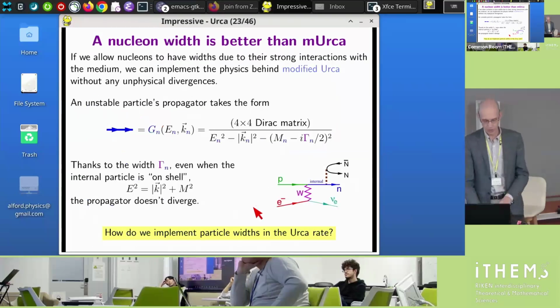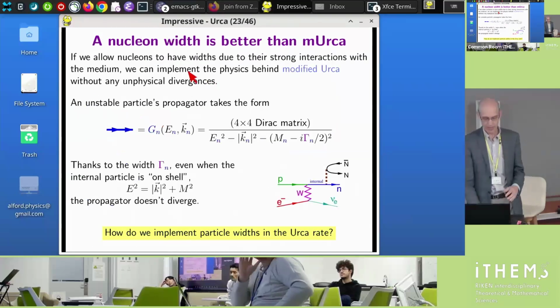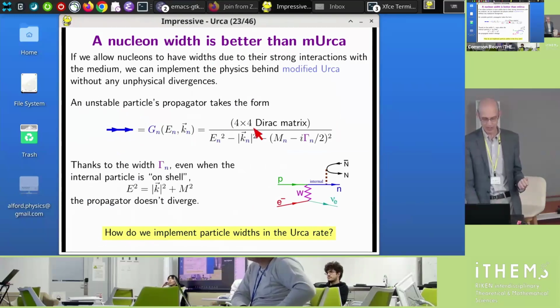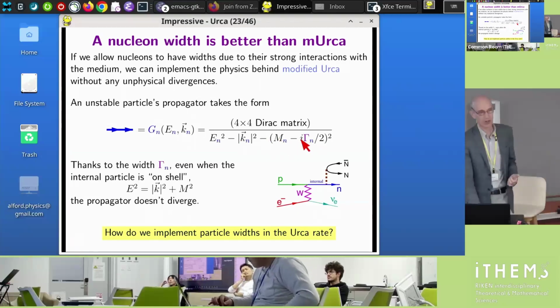So just to be clear about this, if you let the nucleon have a width, then you won't get a divergence, because this propagator, this thicker two-arrow propagator, has some 4x4 Dirac matrix on top. And on the bottom, you have E squared minus K squared minus M squared, right? But the mass now has an imaginary part. Okay, the particle has a width.